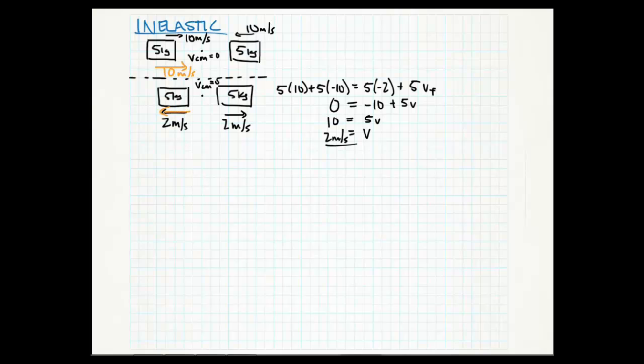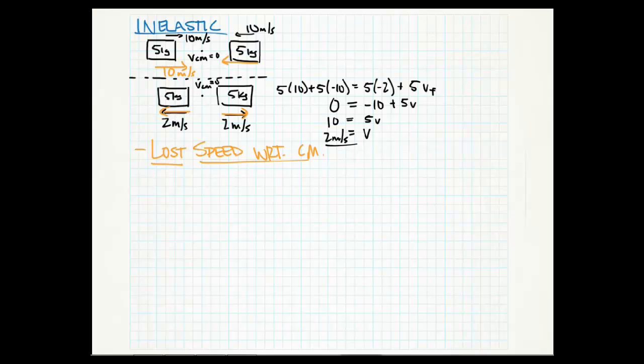So we have lost speed with respect to the center of mass. Same thing here. We approach the center of mass with 10 meters per second velocity. We leave the center of mass with 2 meters per second. We have lost some speed with respect to our center of mass. This is very similar to what we saw going on with the ball that we threw up against the wall.